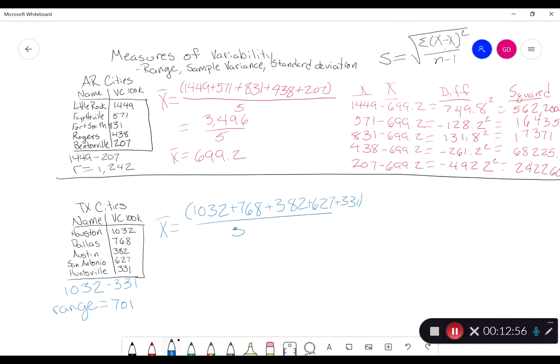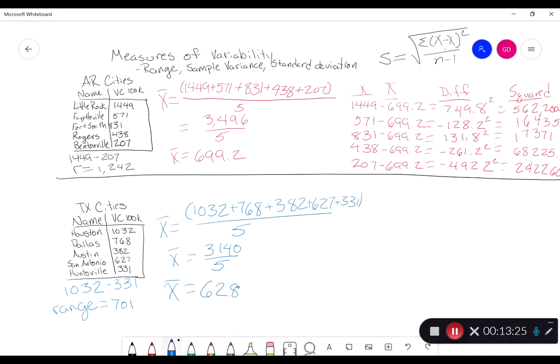And that's over the sample size, which is 5. So I'll bring up my calculator: 1,032, 768, 382 plus 627 plus 331. We have 3,140 divided by 5, which gives us a mean value of 628.